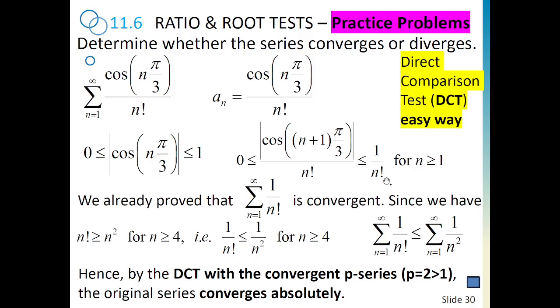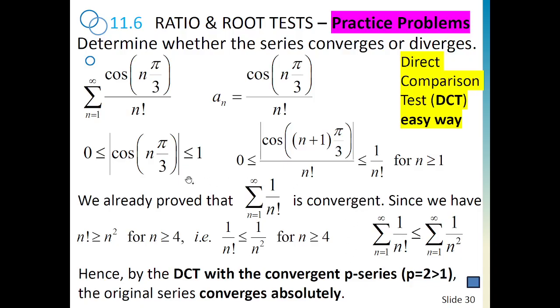Okay, cool, I divide it. So now, obviously, the series of 1 over n factorial is convergent. So by the direct comparison test, the series of absolute values here is smaller than the series of 1 over n factorial. So everything will be absolutely convergent.